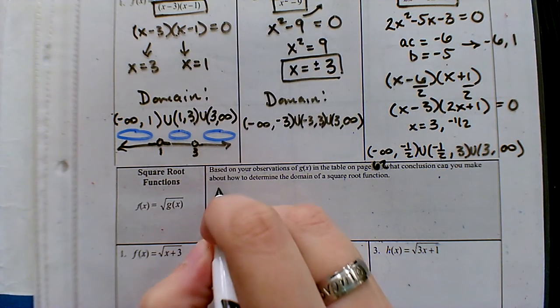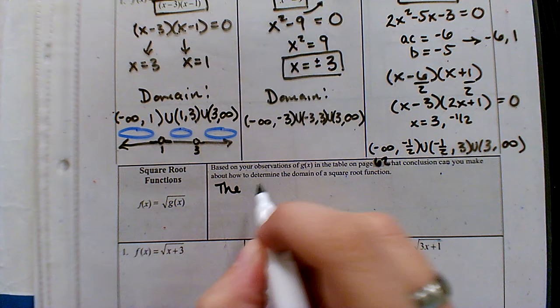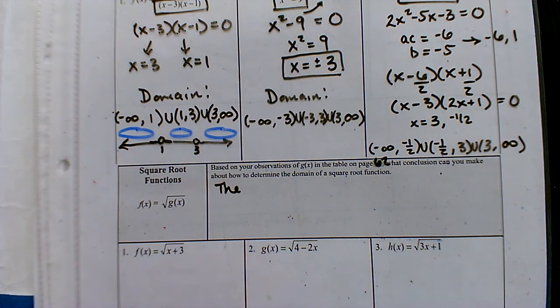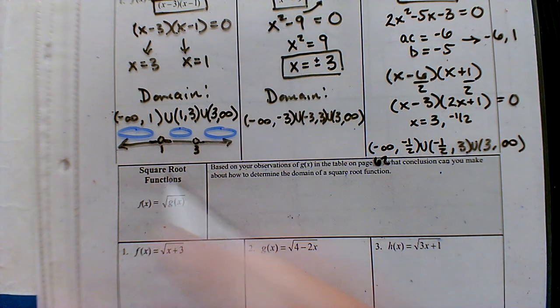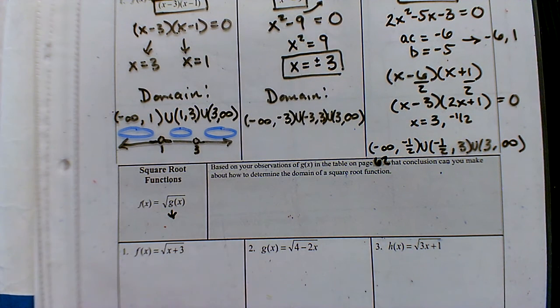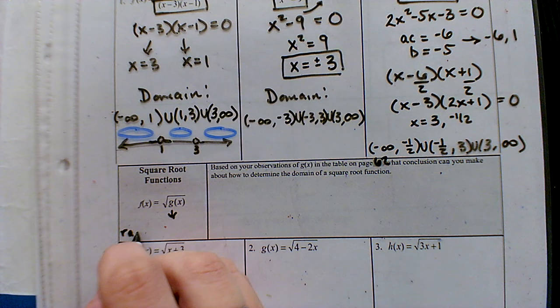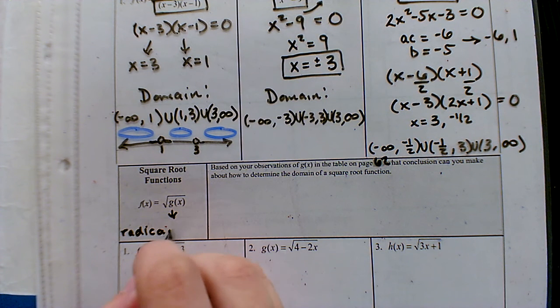Okay, so let's say, for instance, do we know what the inside of a square root's called? I'm going to throw in a vocab word. Not sure that you've heard of it before. Do you know what the inside of a square root's called? Maybe not. It's called a radicand.